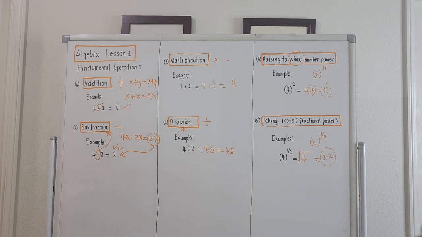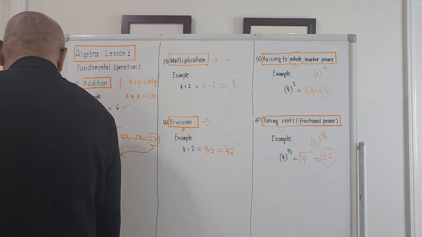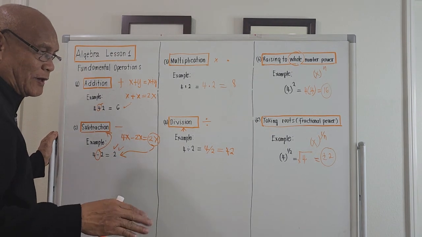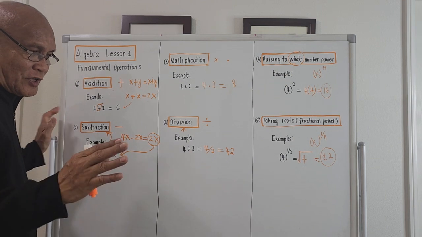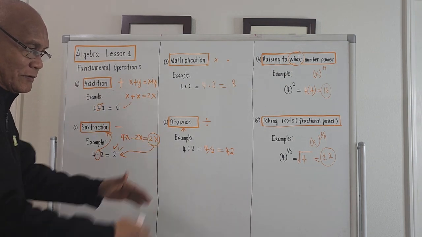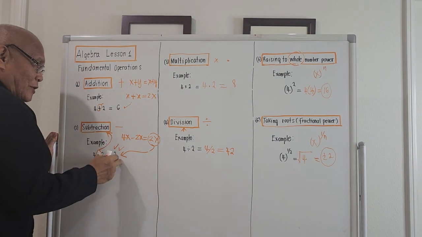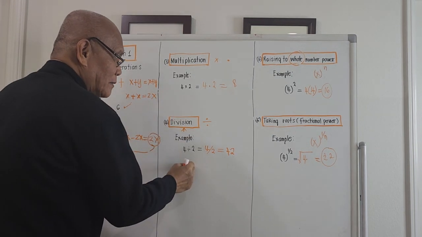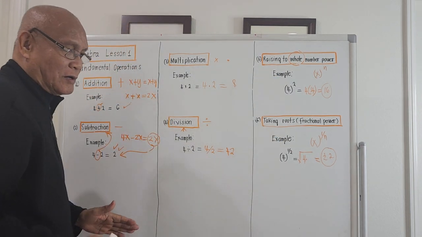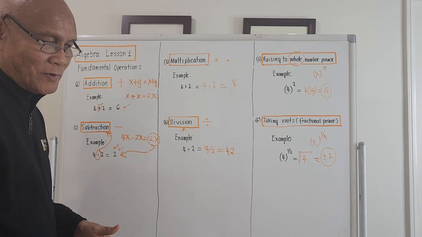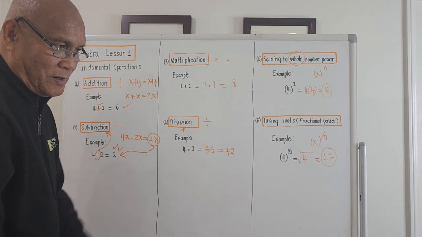Okay, those are the fundamental operations in algebra. In order to pass algebra, or mathematics for that matter, the starting point will be this. If we do not know how to add, subtract, multiply, divide, raise to a power, or take the roots, we will have a problem in the learning of algebra.